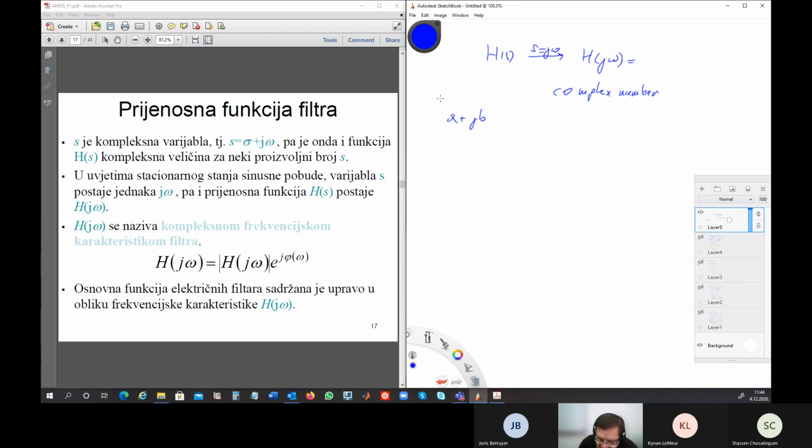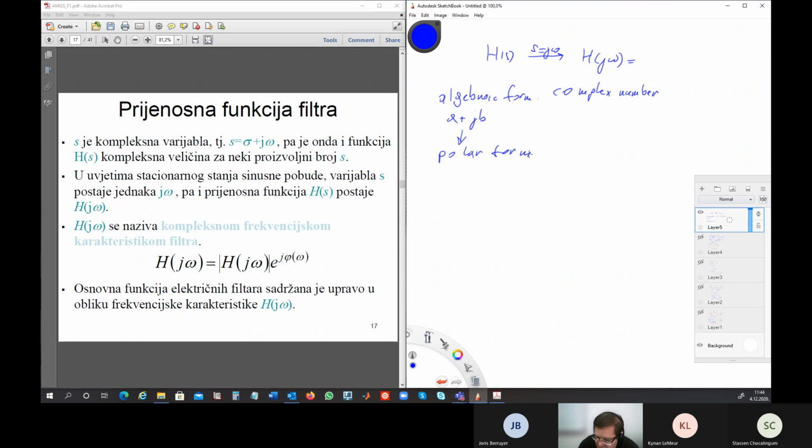So this is the algebraic form of a complex number. And this can be presented in polar form.